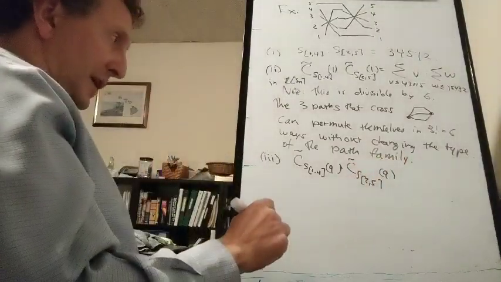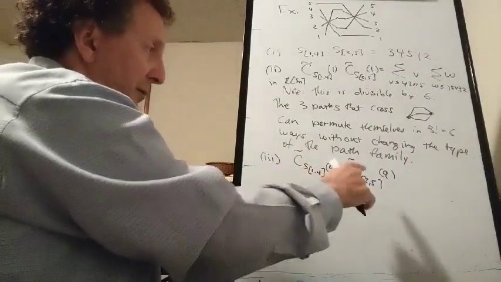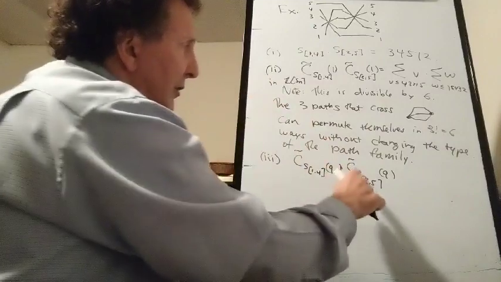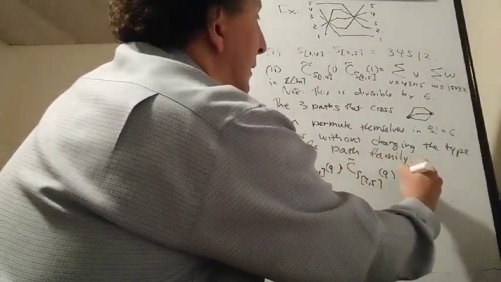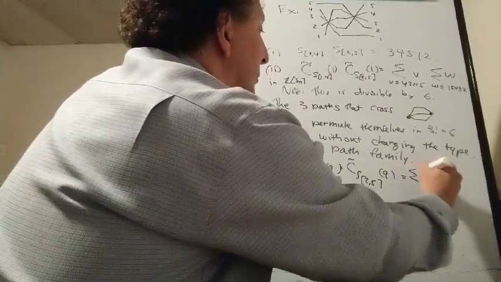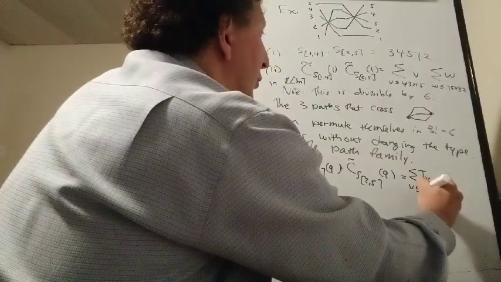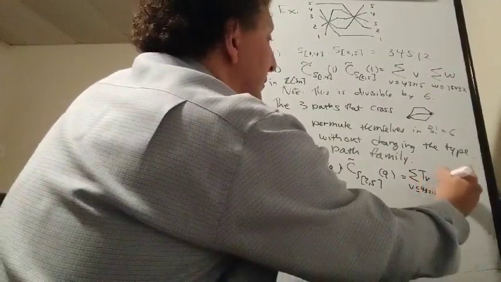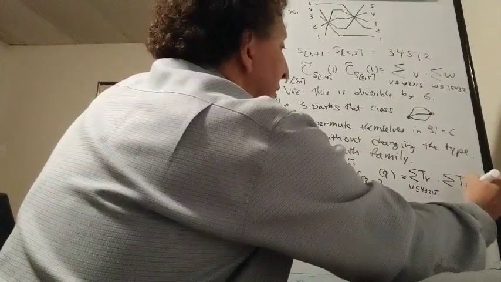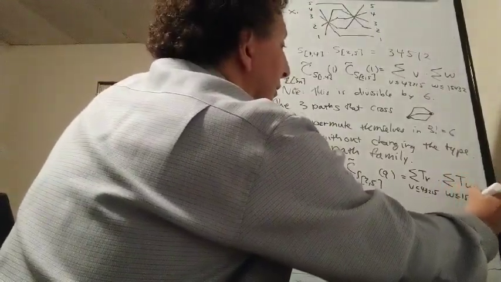So the Kazhdan-Lusztig basis element indexed by the reversal S14 times the one indexed by the reversal S25, which is a sum of T_V for V less than or equal to 4, 3, 2, 1, 5 times the sum of T_W for W less than or equal to 1, 5, 4, 3, 2.